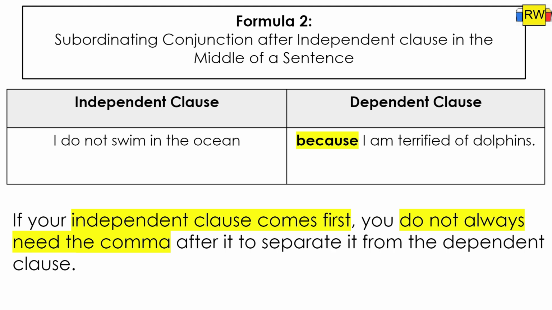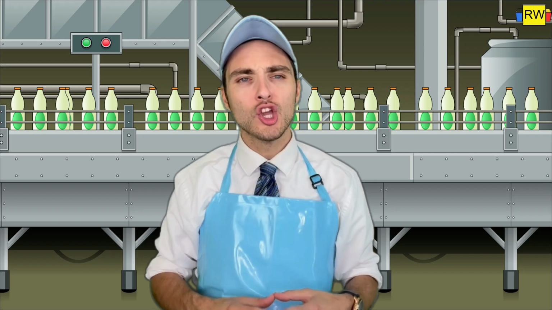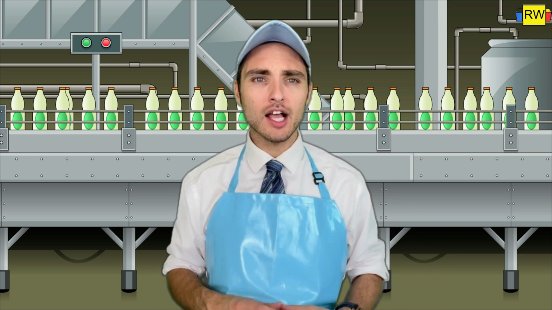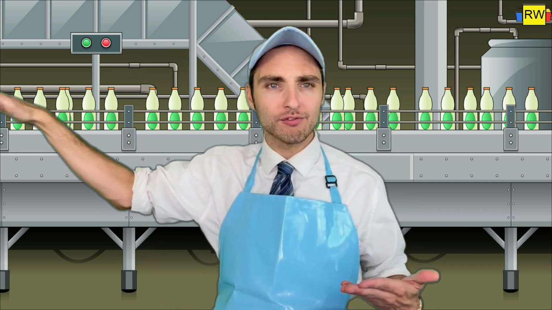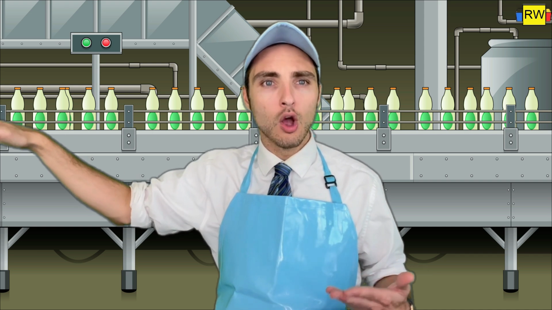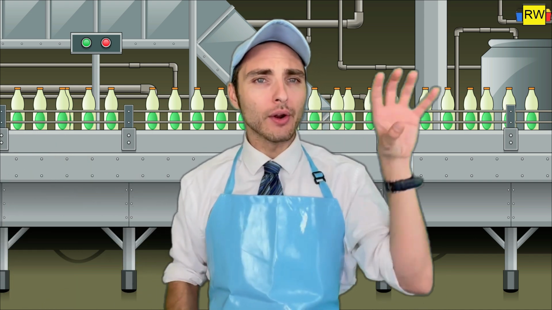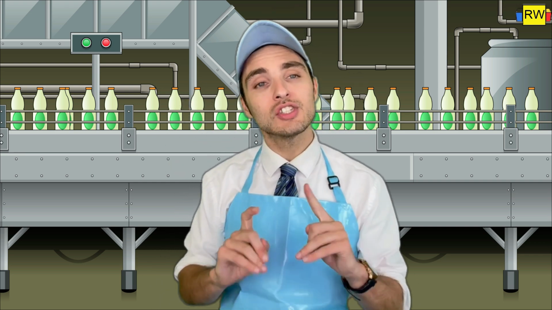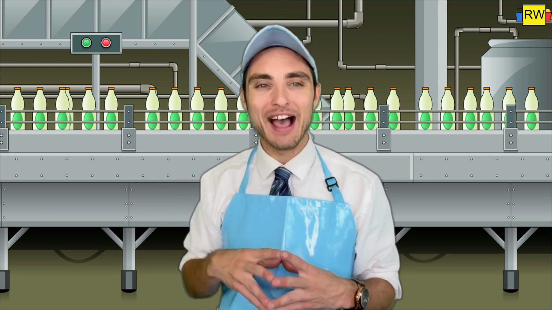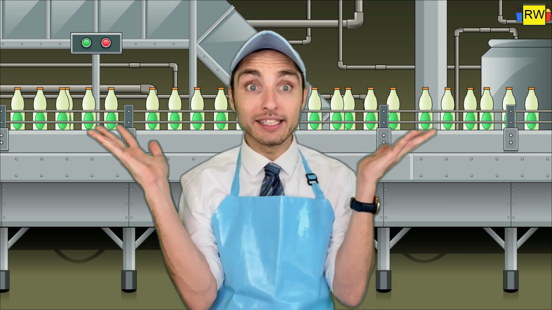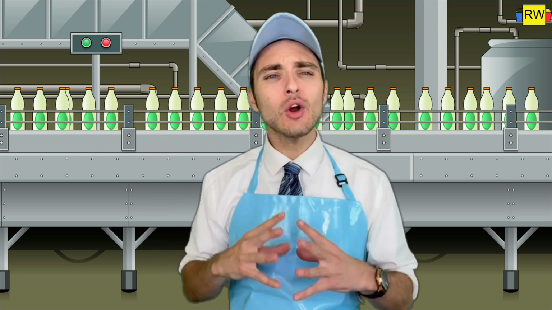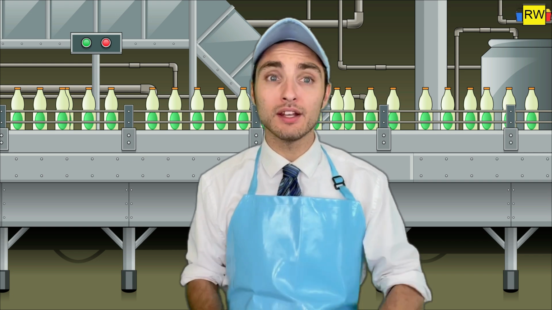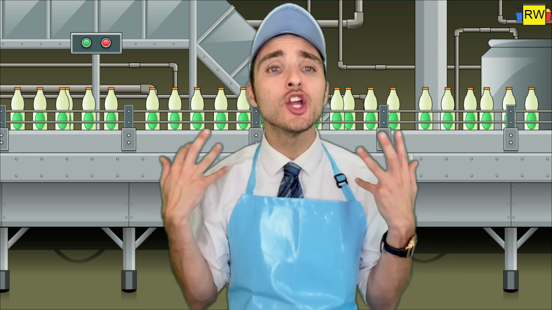However, if you start a sentence with a dependent clause, you need a comma to separate them. So, flash review. If you start a sentence with a dependent clause, you need a comma to offset it from your independent clause. Or, if you have your independent clause first, you do not need a comma to separate it from the dependent clause that follows. That's the difference.